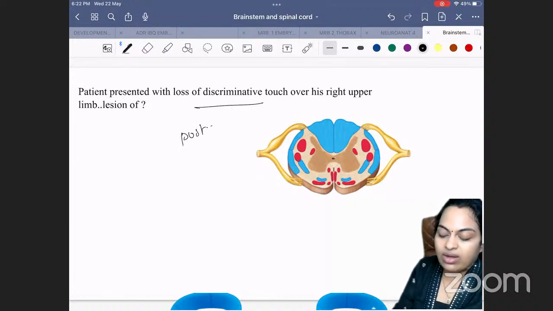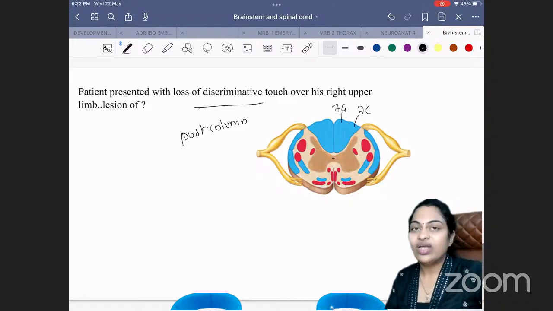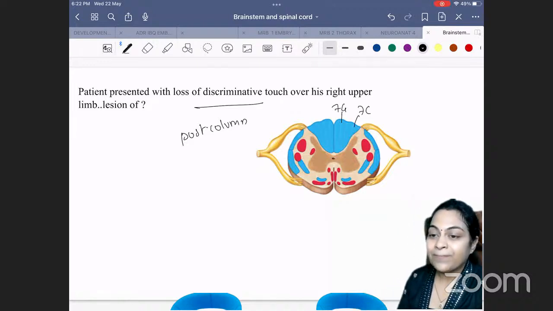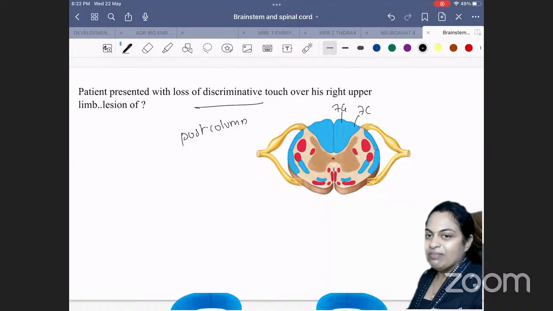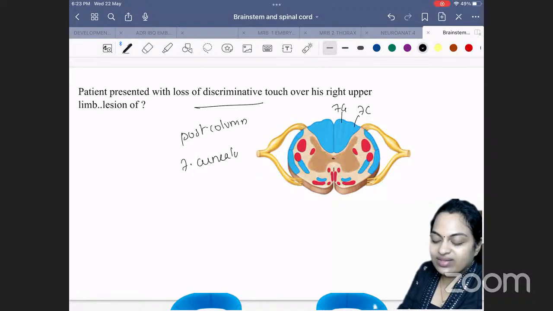The posterior column. But more specific, if they've given you two options, fasciculus gracilis and fasciculus cuneatus, which one would you prefer? Come on, waiting for your answers. From the upper limb, right? Yes, it is going to be fasciculus cuneatus, right? And ipsilateral. So the lesion is on the right side.